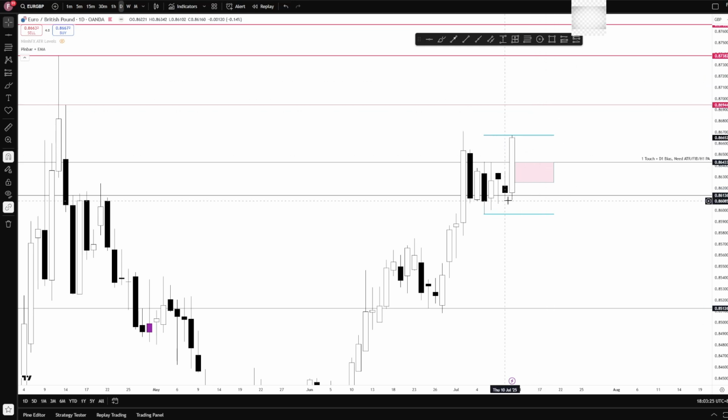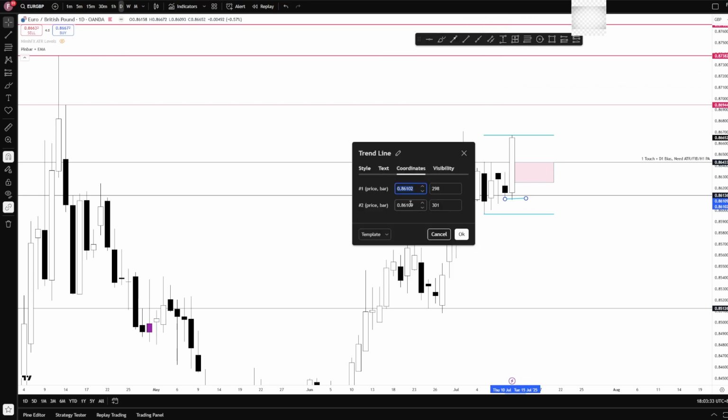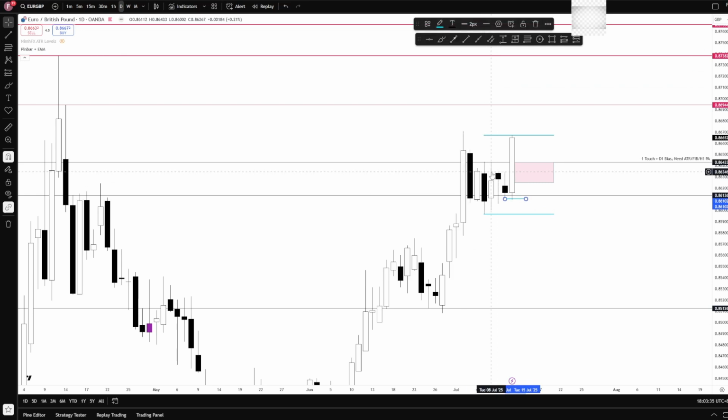The last Friday candle was a daily engulfing candle. We swept the Thursday low, and it closed very strongly. So I'm thinking price is heading towards 0.8944, which is where my bias is.